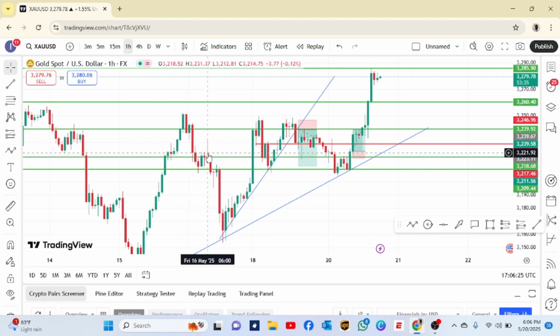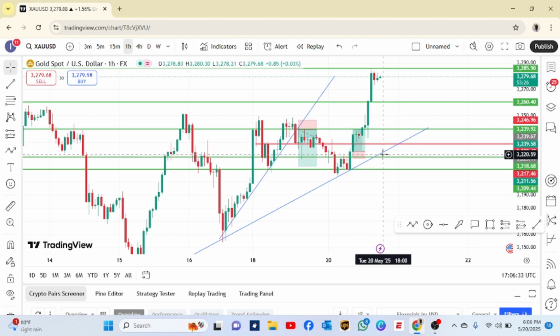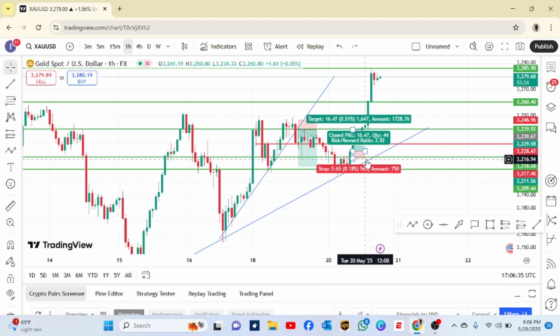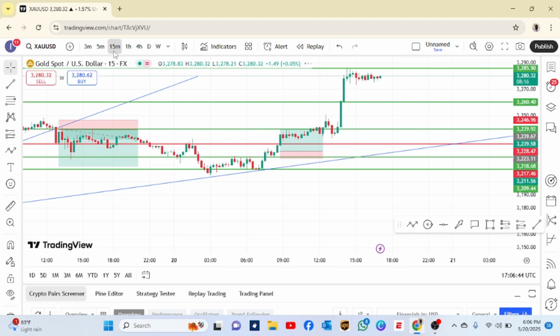level of resistance, this minor resistance that is right here. So I waited for the market to break above and then have a push to the downside a bit so that I can hopefully buy. When you go on the 15-minute time frame, you will see that clearly.